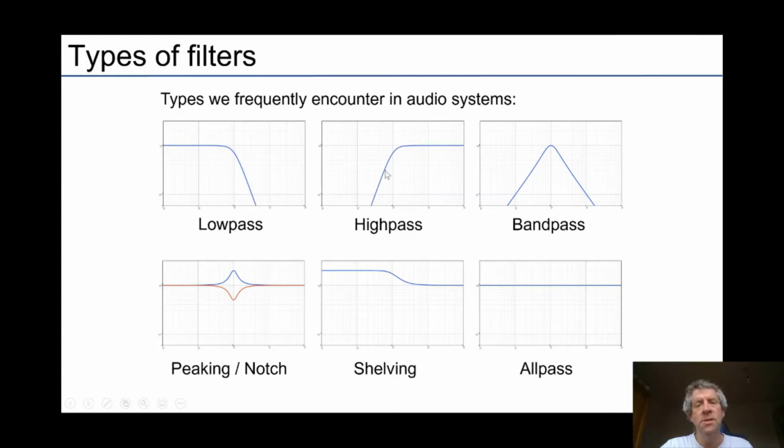High pass is the opposite type of behavior. Band pass is nowhere near as ideal as shown. Here it looks more like a triangle shape, but it's trying to keep some of the frequencies in this range. Then we have the peaking or notch filter. Again, the Web Audio API will call this just peaking filters and treat the notch filter more like the band stop filter.